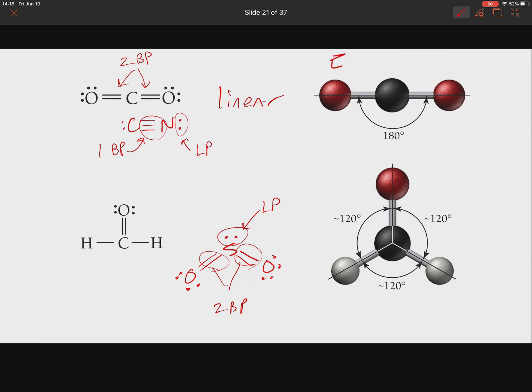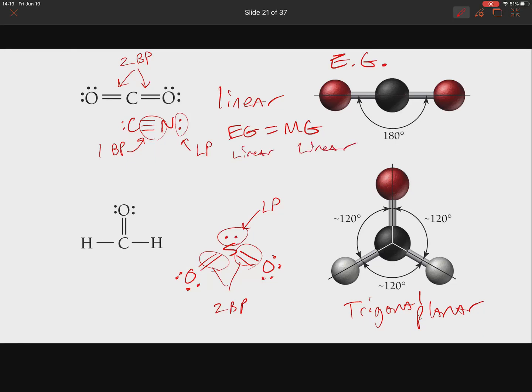We have the electronic geometry term, which is what these are: linear, trigonal planar, tetrahedral, and so on. But then we have a molecular shape name. And the molecular shape name in the case of linear is the same. The electronic geometry equals the molecular geometry because they're both just called linear for linear.